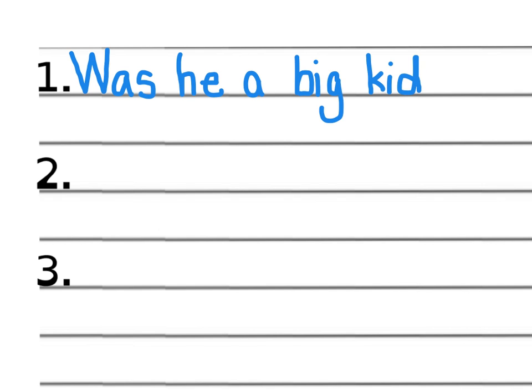How am I saying this? Was he a big kid? Yes, I am asking a question, so I need to end it with a question mark. Now the other thing I want to do is I want to underline our red words that we know. We've learned the red word was, and we've learned the red word he, and we've learned the red word a.